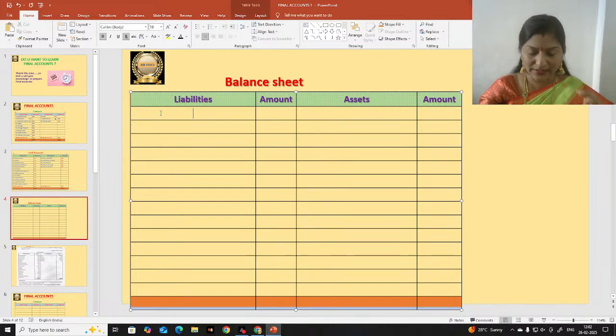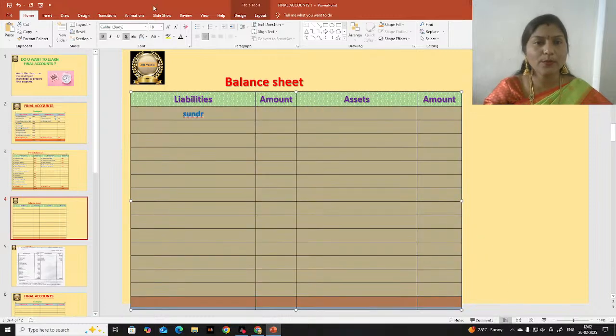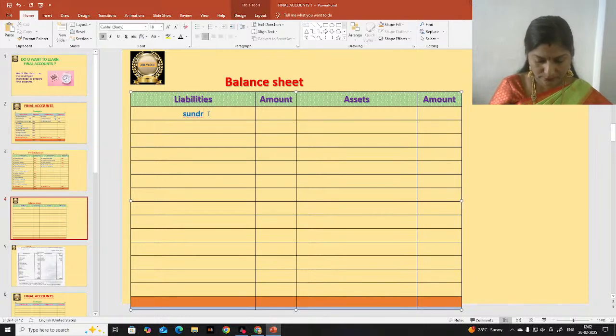Let us take liabilities first. Always, sundry creditors are one of the liabilities that you should remember whenever you prepare the balance sheet. Sundry creditors, and the amount in the amount column.